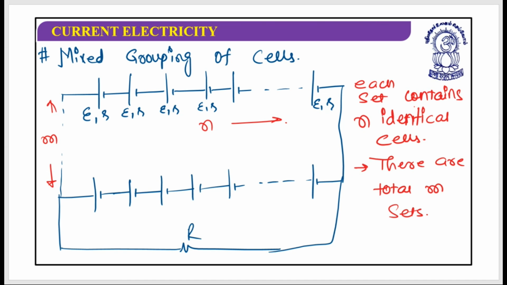What I want is to find the current. So what can I do? I request you to please draw the circuit in your book. Please draw the circuit and try to get it done. Each one is of identical E and so on.